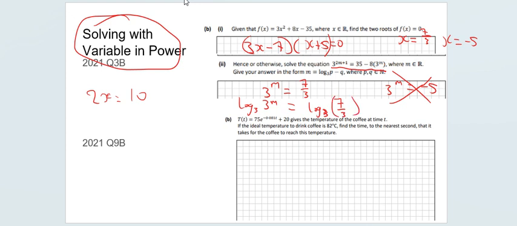So log base 3 of 3, when you have the base and the number being the same thing, then you can let it equal 1, so that will just be m. So on the left hand side you'll just get m, and m is equal to all of that on the right side.